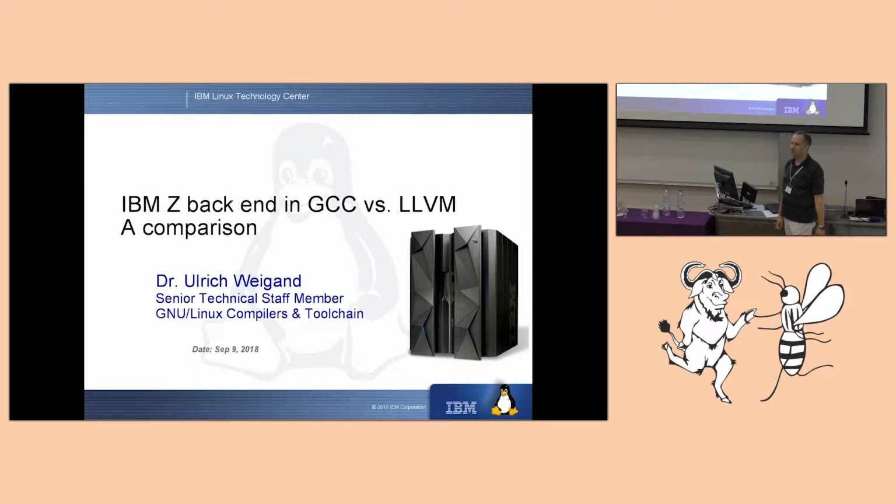We are now also supporting LLVM, and as it happens, I'm actually maintaining both the IBM Z backend in GCC and in LLVM, so I'm familiar with both worlds, and that's why I thought it might be a good idea to talk about my experiences with both.